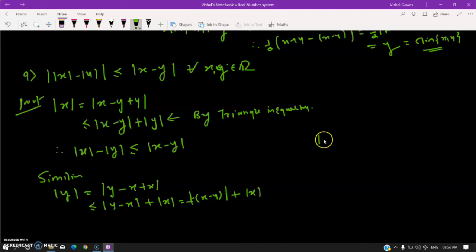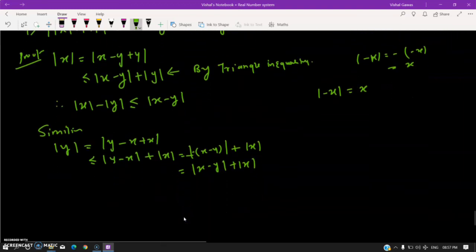But we know that the absolute of minus x is the same as the absolute of x, because if the number is negative, then the absolute of minus x is positive, and if x is positive, then the absolute of minus x is nothing but x. So this is the same as the absolute of x minus y plus the absolute of x.